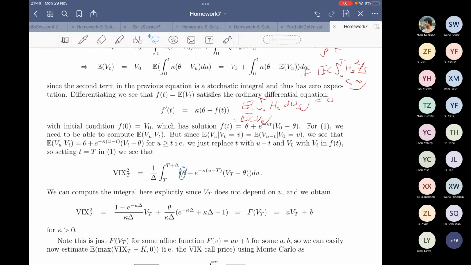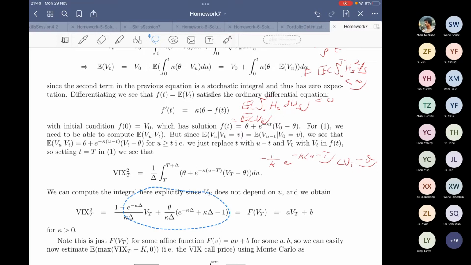The theta term won't have any contribution. So the indefinite integral, if I can even do this in my head, would be minus 1 over kappa, isn't it, e to the minus kappa (u minus t), times vt, which is random, minus theta. But then you've got to evaluate this at u is t and t is delta. You can check this yourself, but you should get this answer.